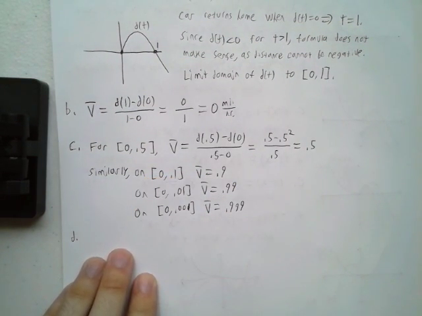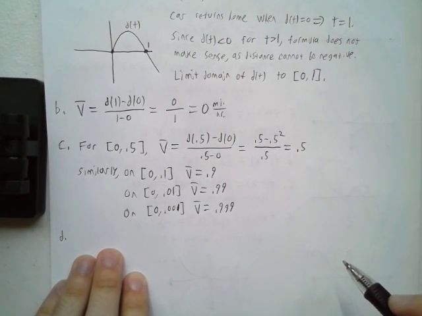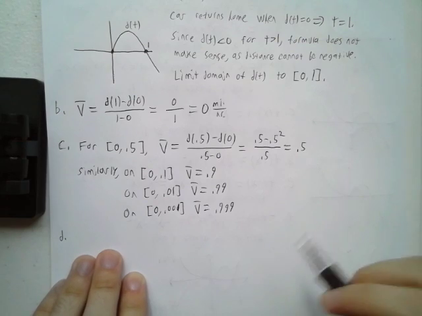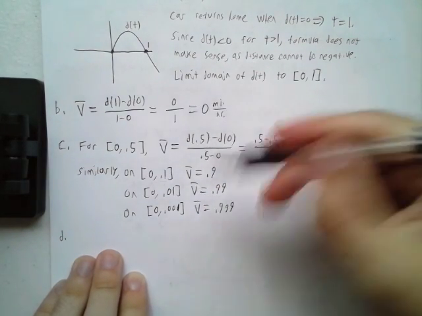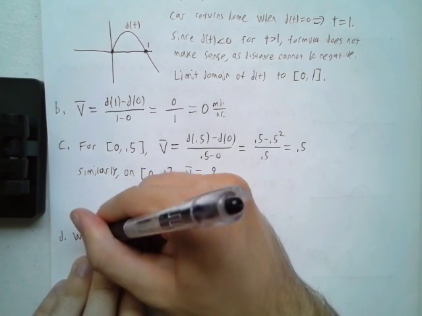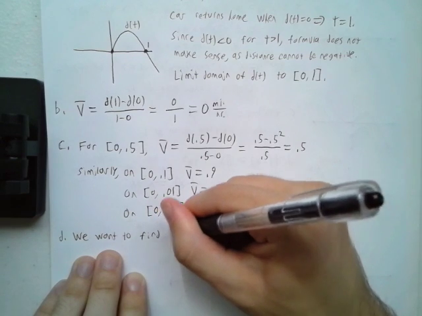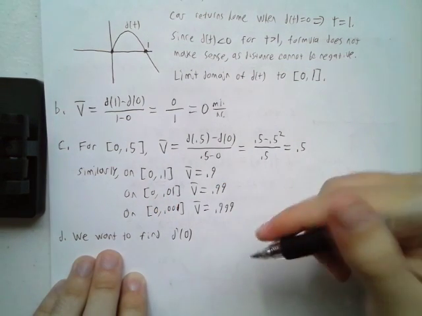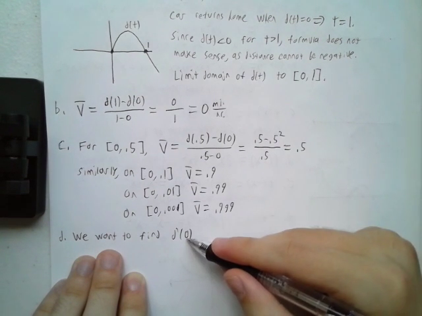So in part D, we're asked how fast is the car moving at the start of the trip. Well, that is essentially d prime of 0. Right, it's the instantaneous velocity of the car at the beginning of the trip, so at time t equals 0.